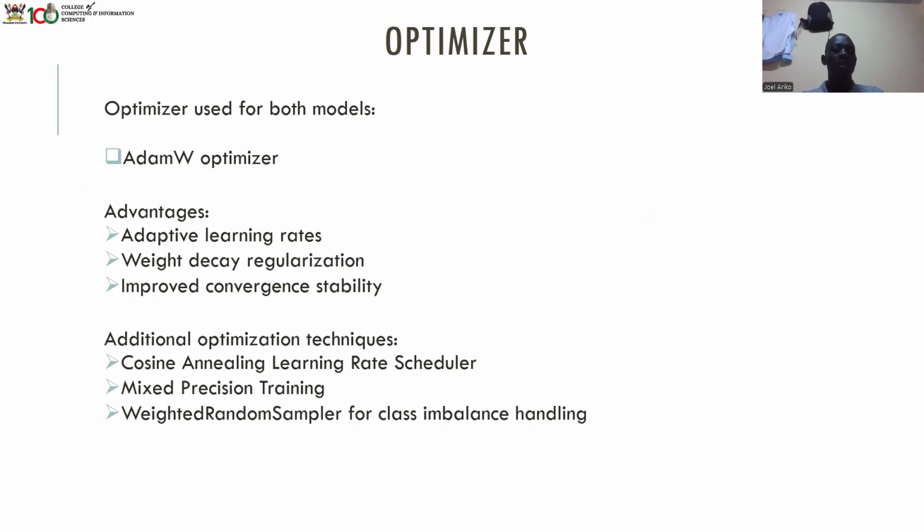The advantages of the AdamW optimizer are, one, adaptive learning rates, then weight decay regularization, and improved convergence stability. Additionally, we have optimization techniques, for example, the cosine annealing learning rate scheduler. This is a strategy used to adjust the learning rate during training in a smooth cosine-shaped curve.